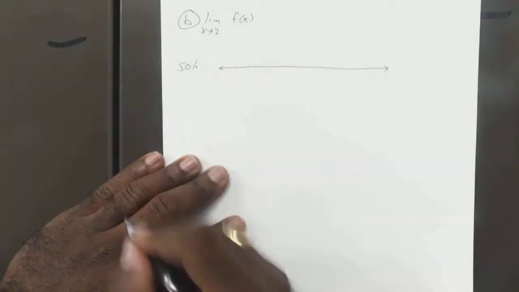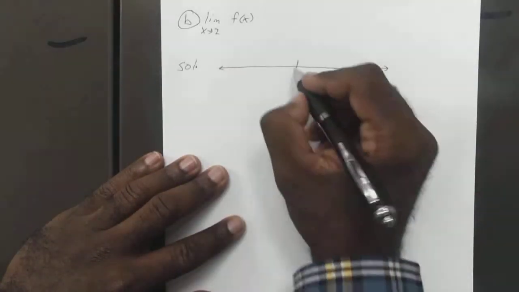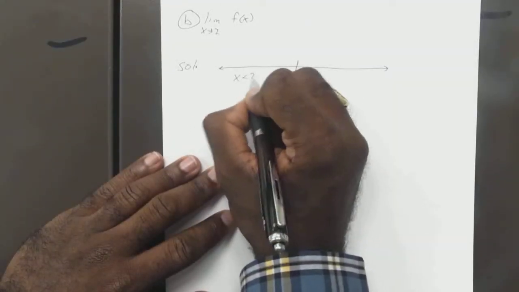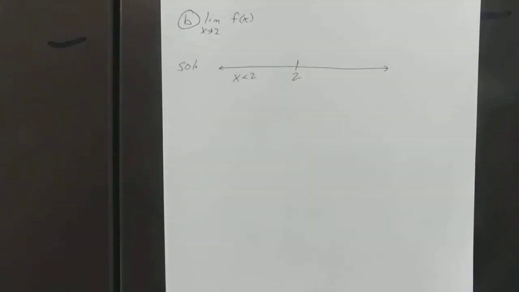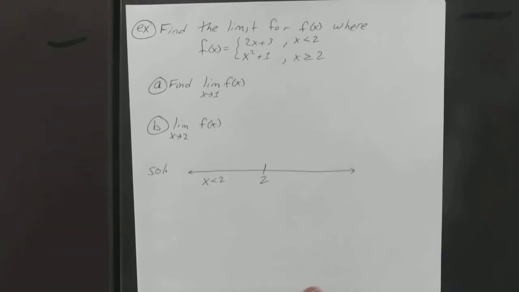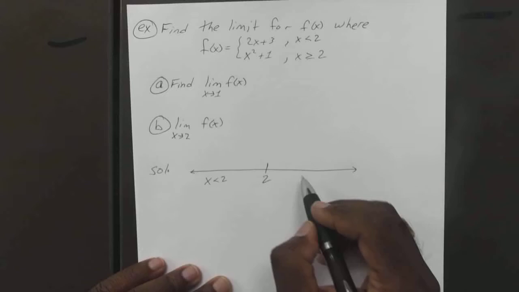We just have to look at our number line. And we know that if this is 2, x less than 2 means we're approaching 2 from the left. Yes? Can you go back a little bit more? I didn't catch all of that. Oh, sorry about that. All right.